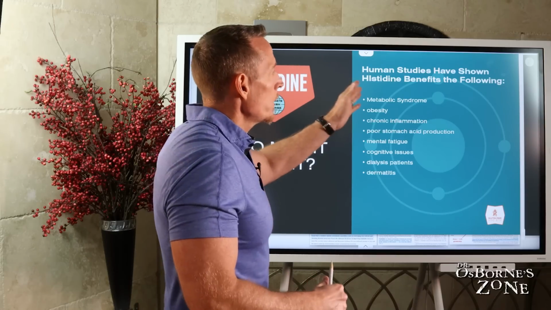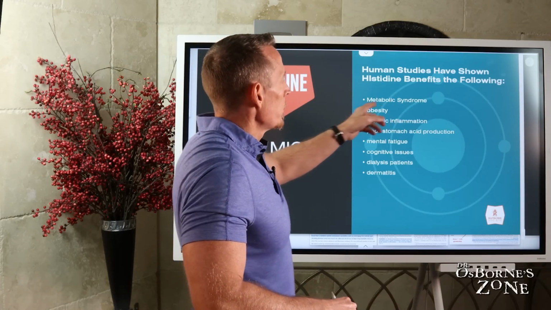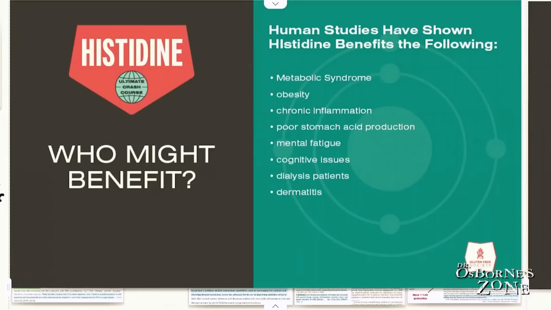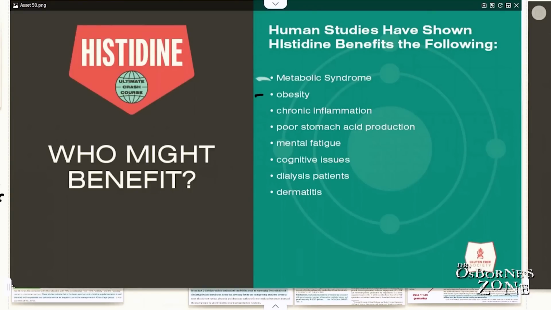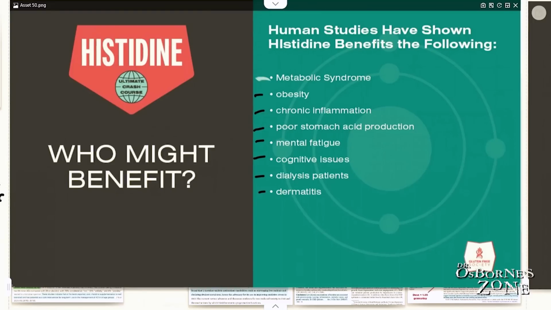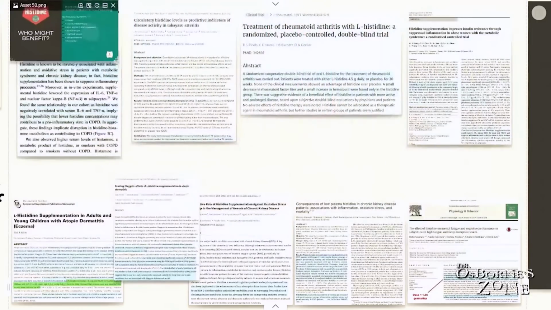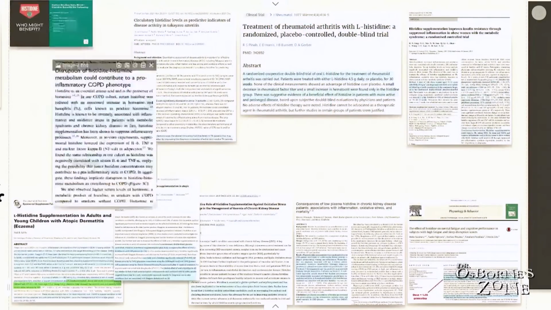So human studies have shown histidine benefits the following: metabolic syndrome, obesity, chronic inflammation, poor stomach acid production, mental fatigue, cognitive issues, dialysis patients benefit, and patients with atopic dermatitis benefit. Let's break that down and show you some of the research on this.